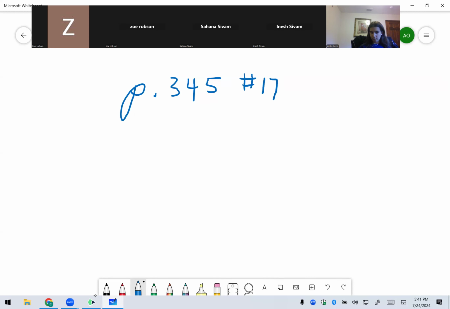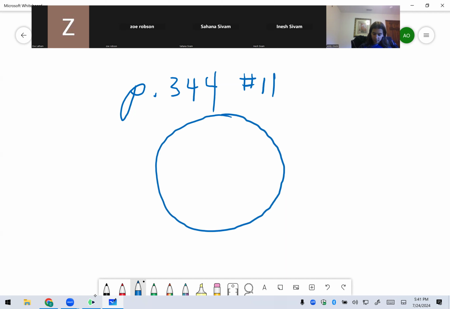That's like a pi r squared h one, cylinder. Oh, yeah, but first let's do page 344, sorry. Let's do number 11. So work ahead of me if you can.